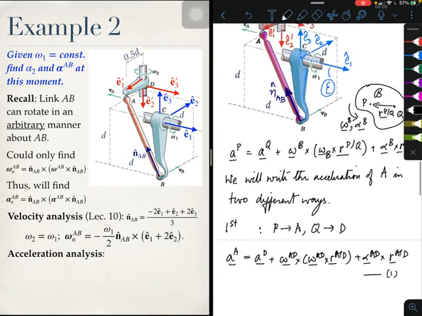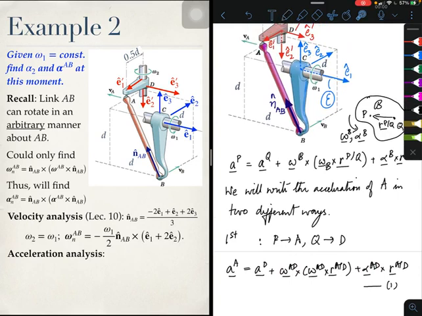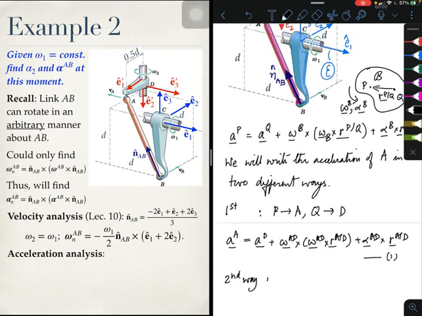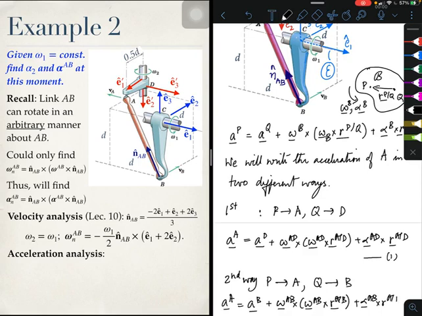The second way that I will write the acceleration of point A will be to consider it as a point on the link AB. So I can write down that P must be A and Q must be B, so that AA is equal to AB plus omega AB cross omega AB cross RAB plus alpha AB cross RAB.